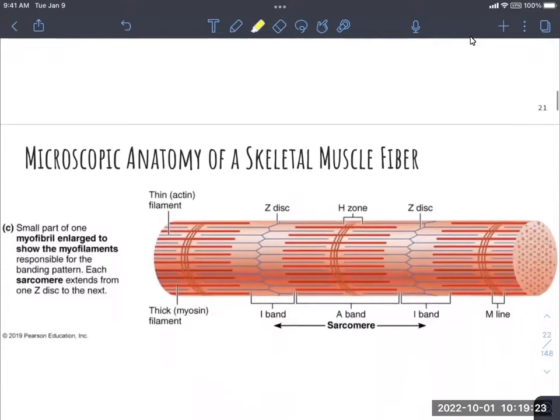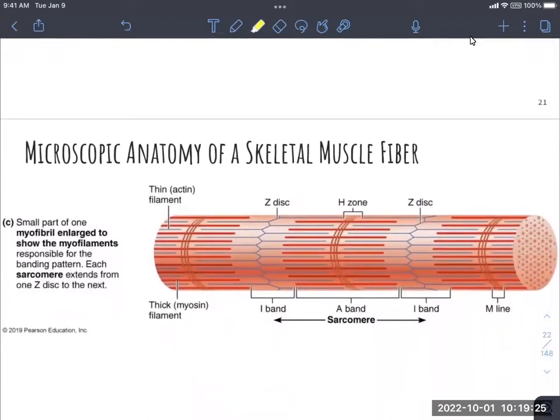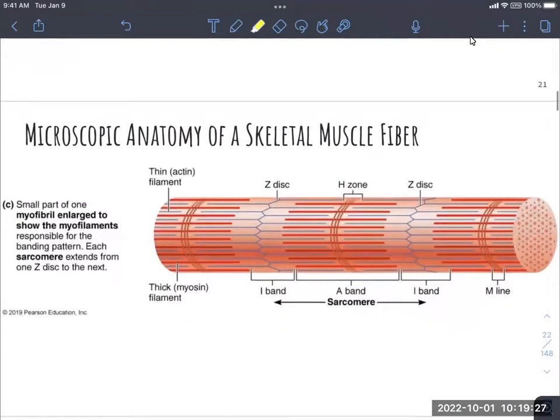So here's the picture I was just mentioning. The I band, you can kind of see it. It goes from here to here. That dark A band. And the Z disc is the zigzag that goes through the middle of the I band.